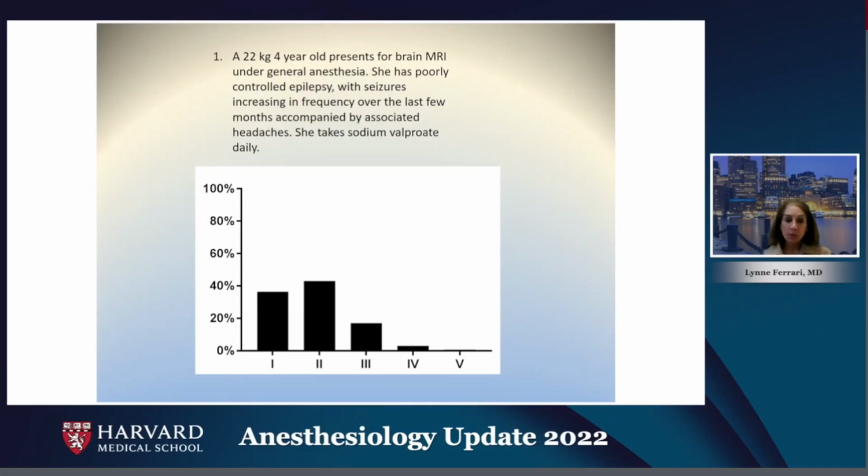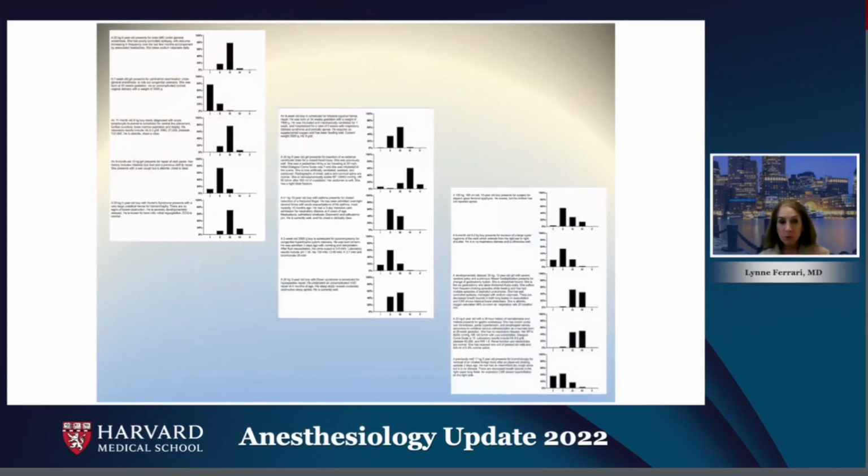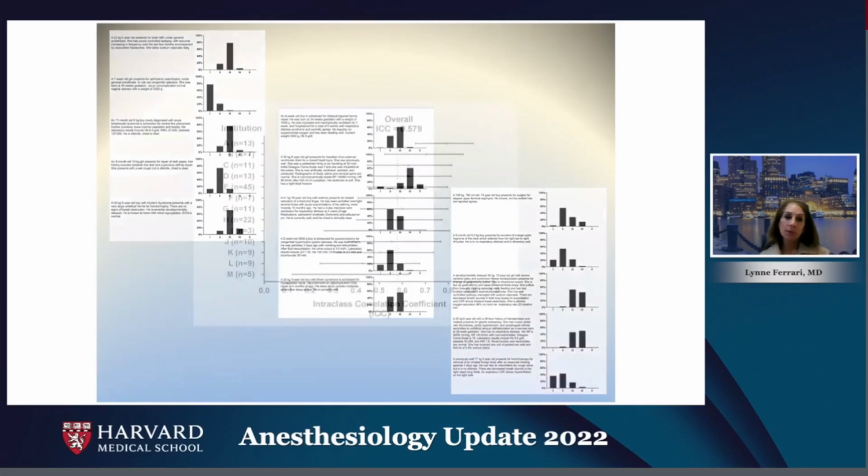And the chart underneath is the aggregated response from all of the 197 pediatric anesthesiologists as they rated this particular patient using the pediatric definitions. And what I will show you here is the aggregated information that we sent out, with the results on each little graph for each clinical scenario.